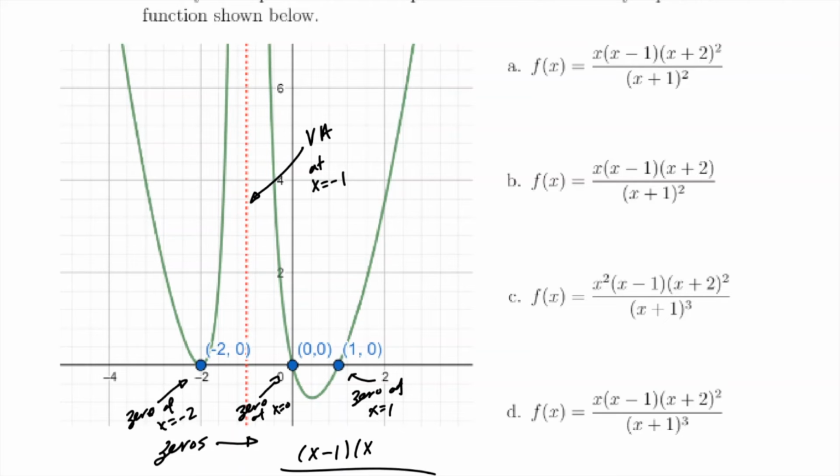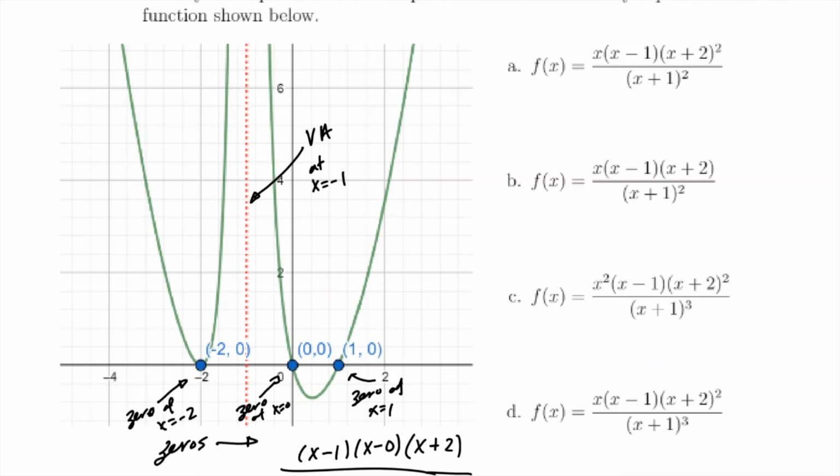Similarly, x minus 0 is what would be for the second term, except that's just going to simplify to x, because anything minus 0 is just itself. And then think about what would be for this next term. What do you plug -2 into and it goes away to 0? Well, that would be x plus 2. Another way to think about it, it's always minus the 0 location, so x minus -2 becomes x plus 2.